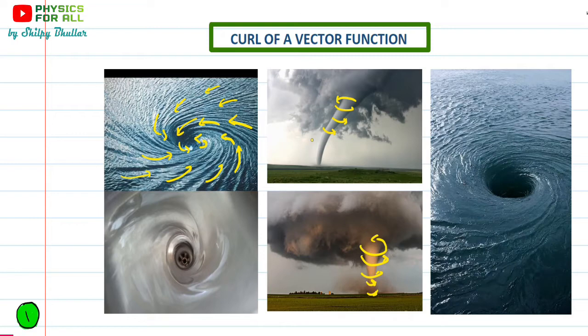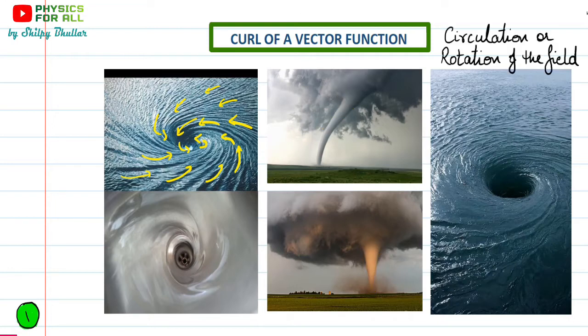So when something is having magnitude and direction, and in particular it's rotating or curling, then we say that curl of that particular vector function is non-zero. Thus, curl of a vector field signifies the circulation or rotation of the field. If something is moving in a circle or rotating, we can also see that it keeps on converging.